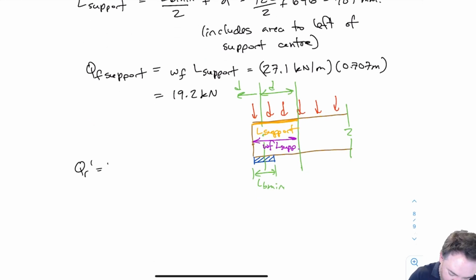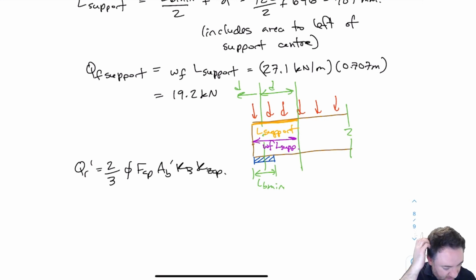is 2/3 times phi times fcp times Ab prime, which is our effective bearing area, times Kb times Kzcp. Ab and Kzcp are still the same as they were before because nothing has changed.